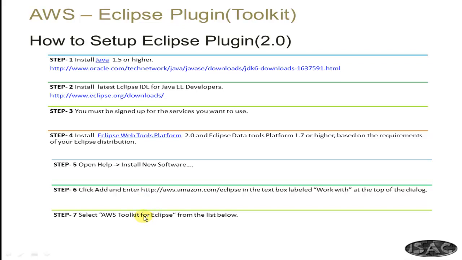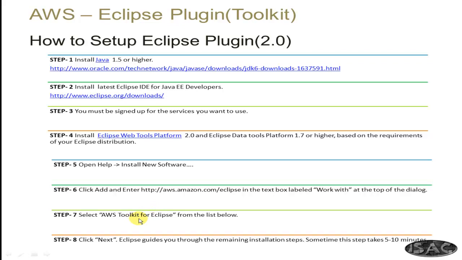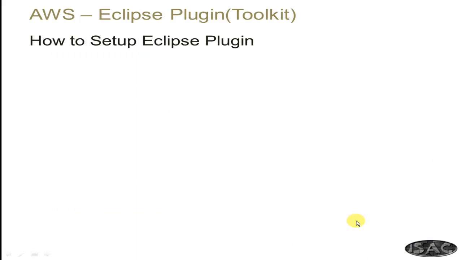It will provide you a list and you can select AWS Toolkit for Eclipse from the list below. Click Next. Eclipse guides you through the remaining installation steps. Sometimes these steps might take 5 to 10 minutes.